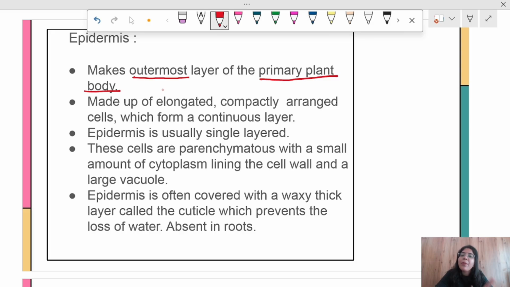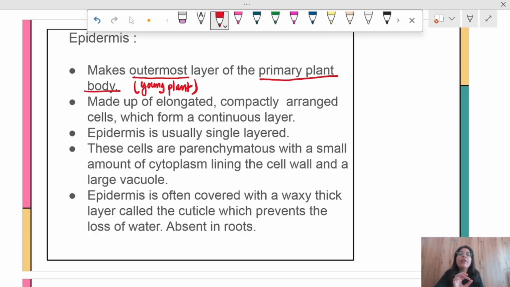So the outermost layer of the primary plant body will be covered by epidermis. Okay, but when the plant is mature, not young, primary plant body means they are talking about a young plant. When the plant is mature, at that time secondary growth will happen and then the epidermal cells will be replaced by certain other type of cells, like you can say cork cells, which are dead cells, right?